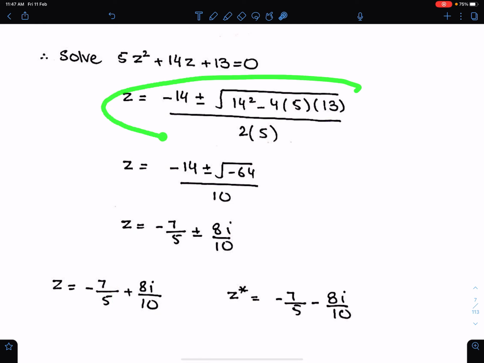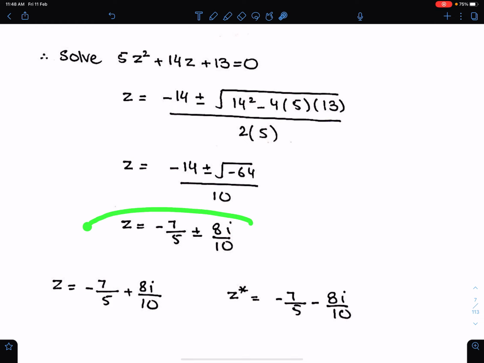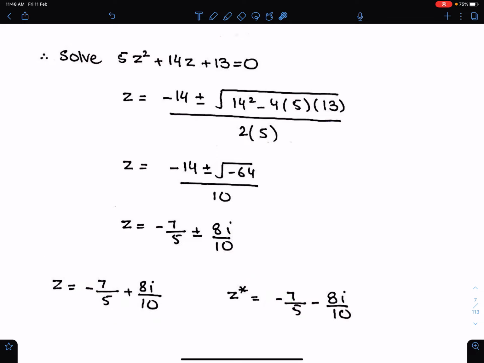By using the quadratic formula here, we have this. And we all know under root minus 64 will become 8i. And by taking the LCM, we have z. So we have two answers, one with plus and one with minus. See, these answers are conjugate because we have same signs of real parts and opposite signs of imaginary parts.